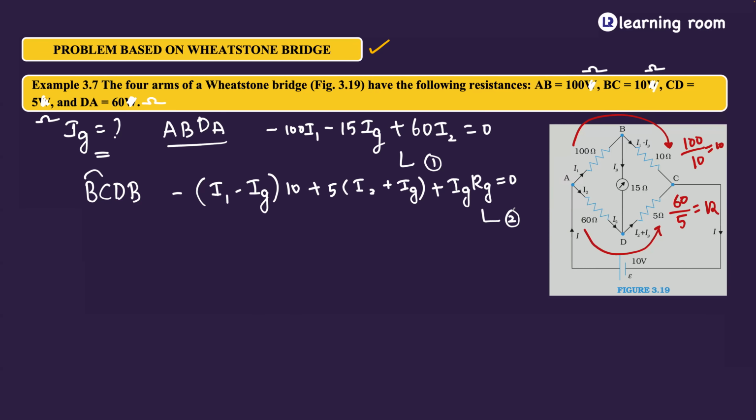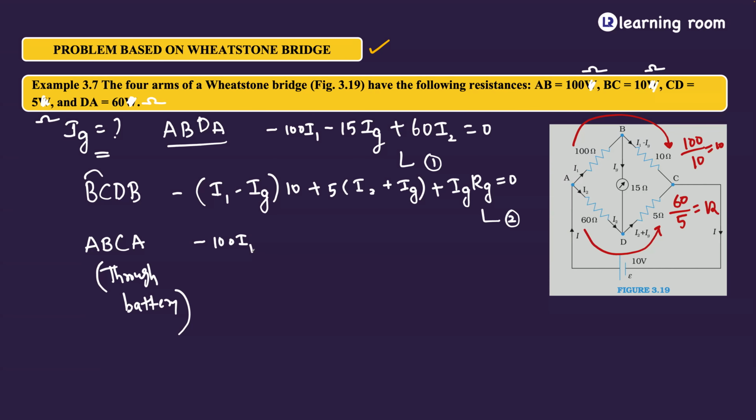Okay. Similarly, if I take the loop ABCA through the battery, when we go from A to B, it is going to be minus 100 I1.